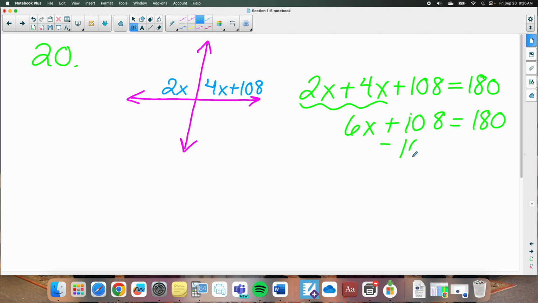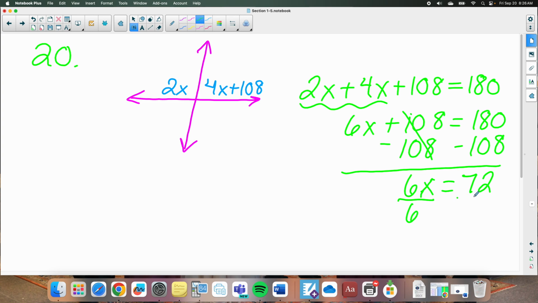Then I'm going to subtract 108, and I get 6x equals 72. Divide by 6, and x is 12. And that would be your answer.